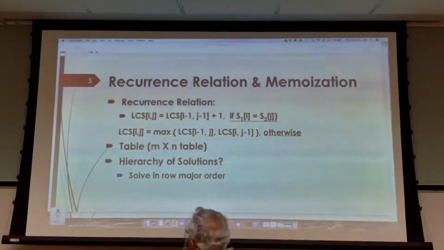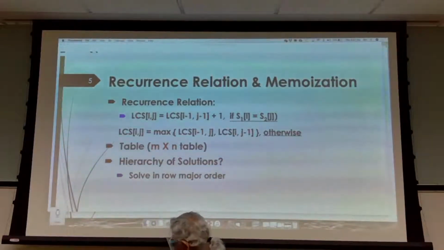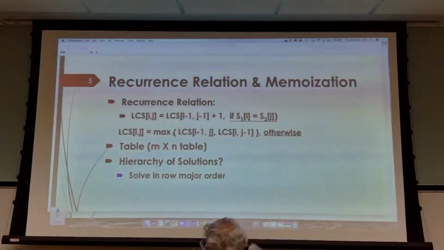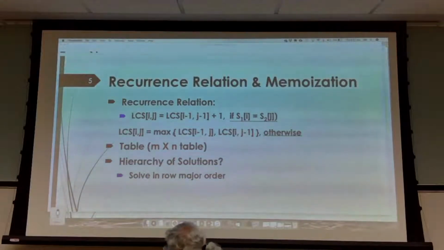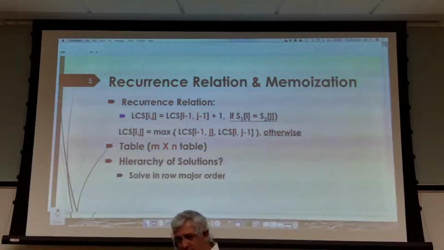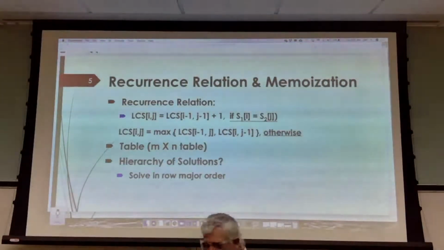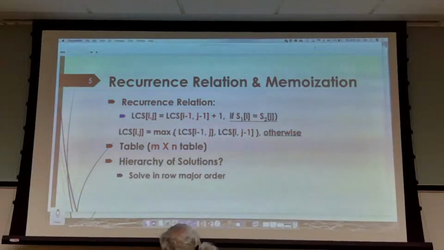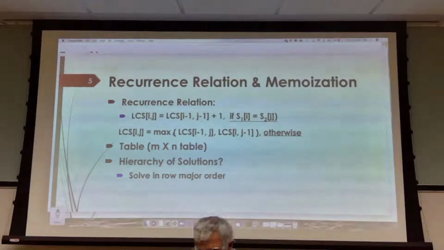And now it turns out that there is an ordering here that's not so obvious. In order to solve LCS of m comma n, I better have solved all three of these prior to it, because I may need it. I don't know which one I'll need, so I need to have solved these before that. In order to solve these, I better solve the ones in the next level, and so on and so forth.